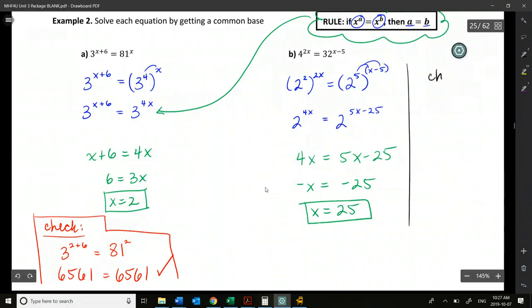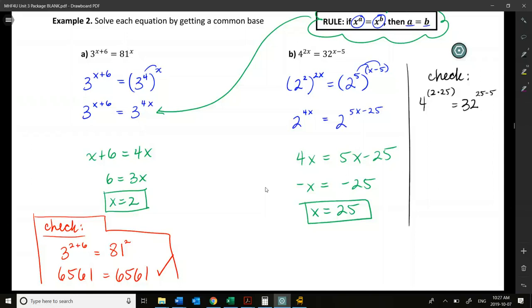Okay, you can do a check on here by subbing in 4 to the exponent 2 times 25, and we'll see if that's equal to 32 to the exponent 25 minus 5. Now this is going to give us a pretty huge number. I don't know if our calculators will be able to handle this, but your calculator will probably give it to you in scientific notation.